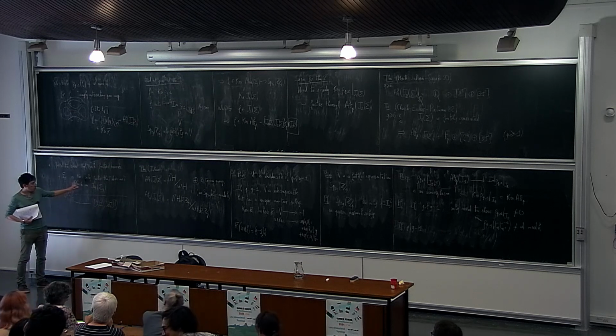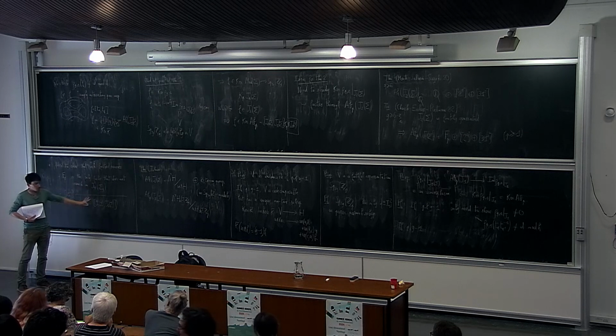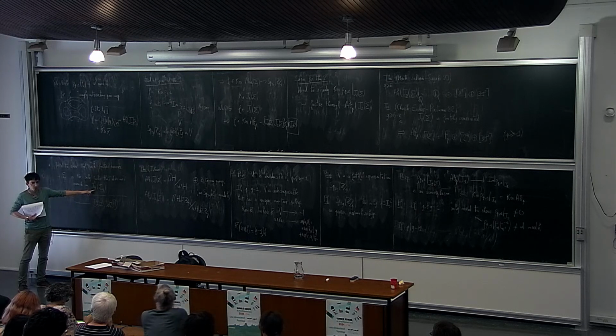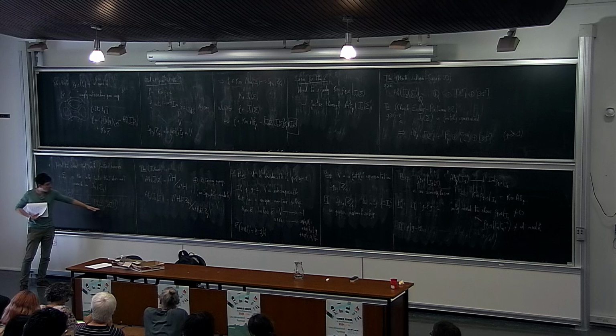So here you see a strategy to show that each of those factors are not killed. You need to find an element in J4 which is not killed by rho_p2. And you need to find an element in this other subgroup which is also not killed by rho_p2.